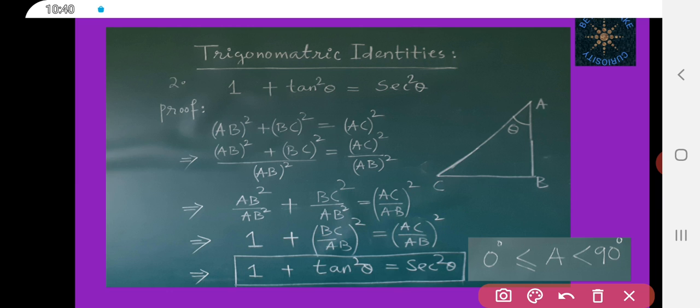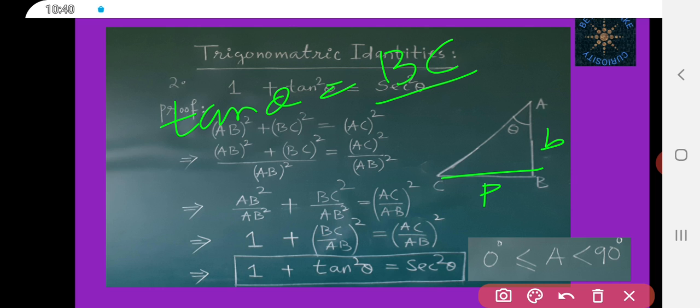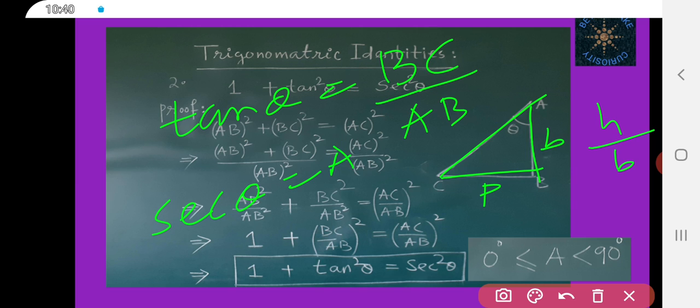Now you know that tan theta is what? P by B. Here P is BC, BC by B, that is AB. And you know sec theta is equal to H by B. So here H is AC, AC by B, B is here AB.